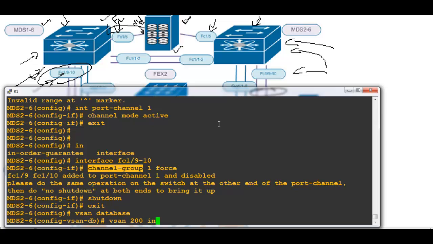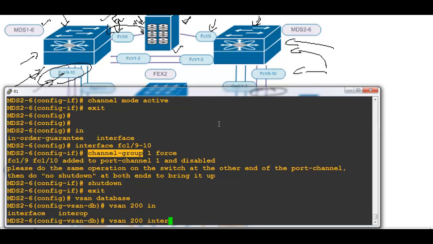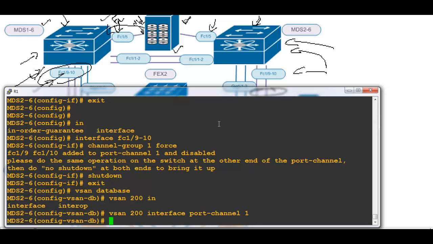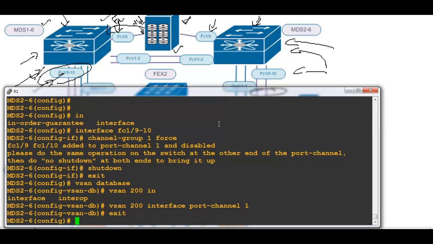In that we say interface port channel 1. Not SAN, this is MDS switch. After this you can go there and say no shutdown.